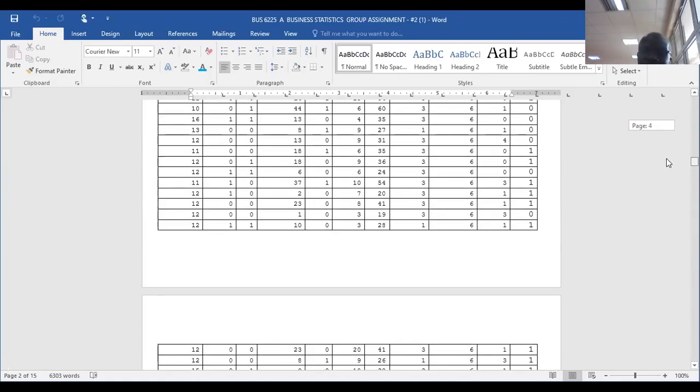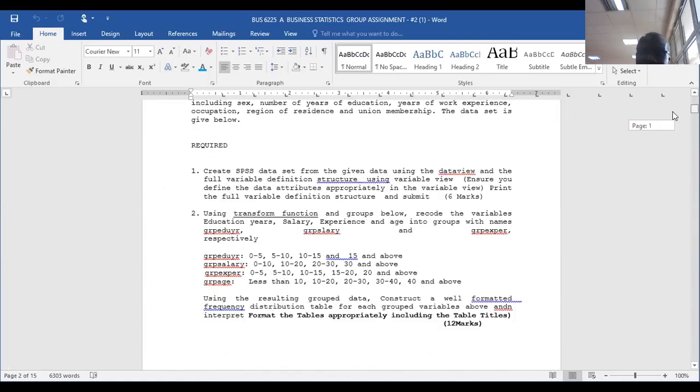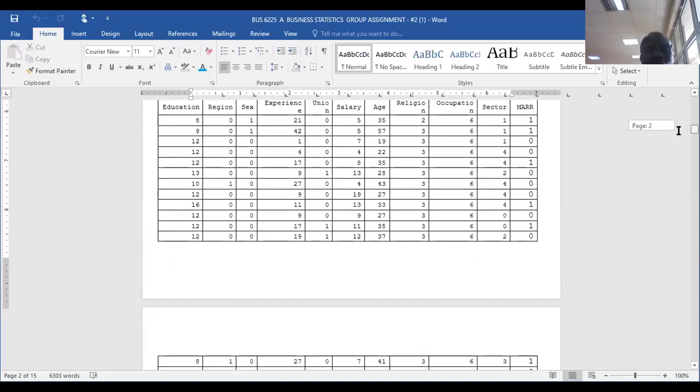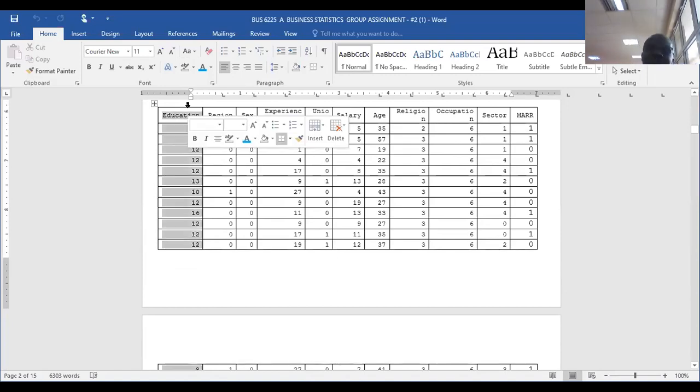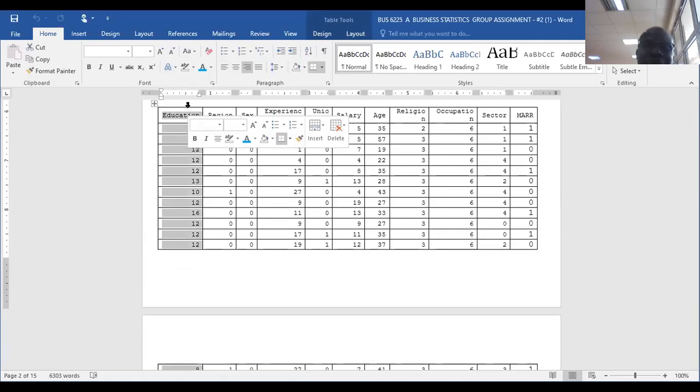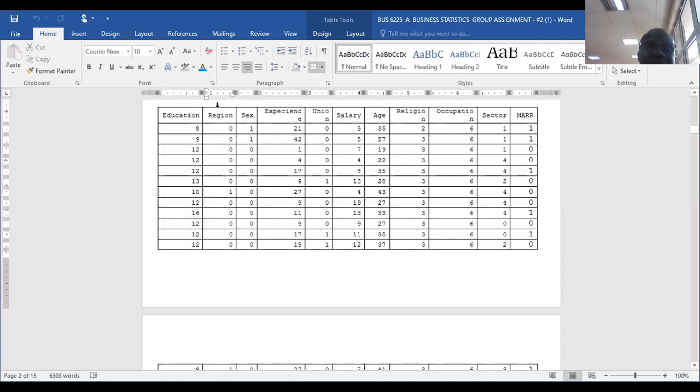Then now you want to analyze this data. This data could have been entered this way. We know number of years in education is a quantitative variable, therefore it is a scale. We know region is non-quantitative, it is qualitative, therefore it is nominal.